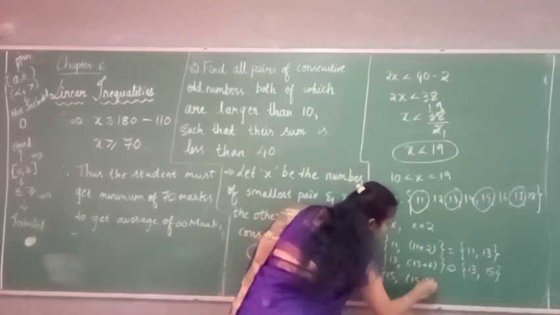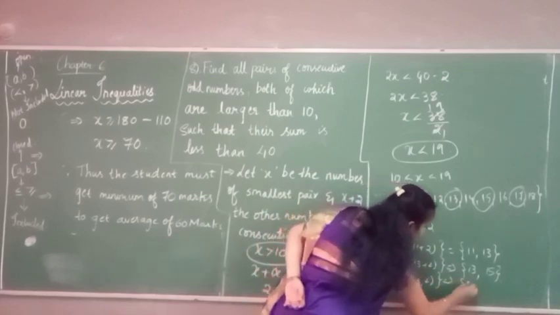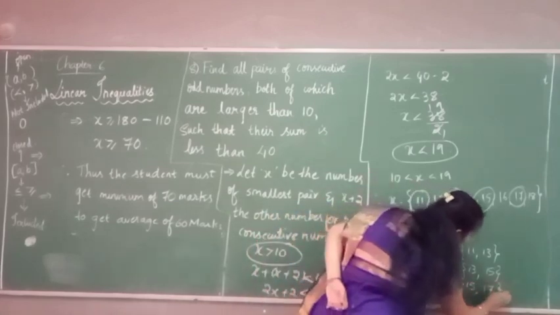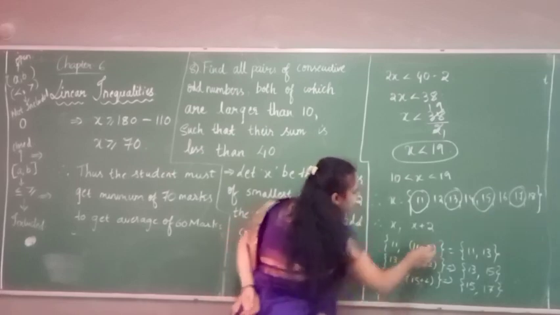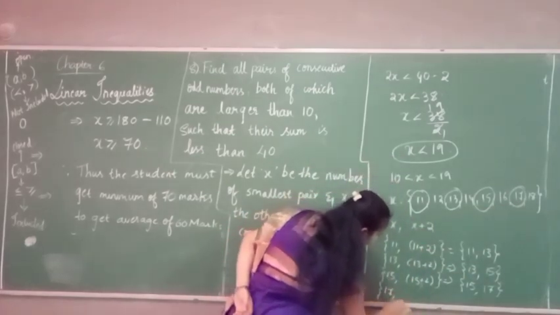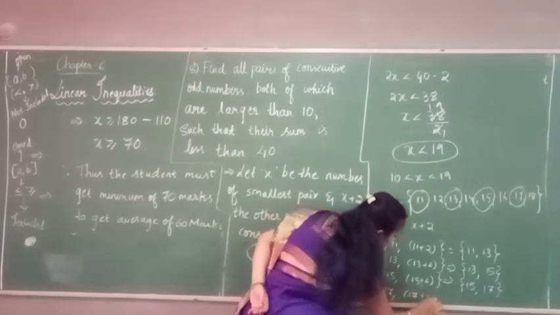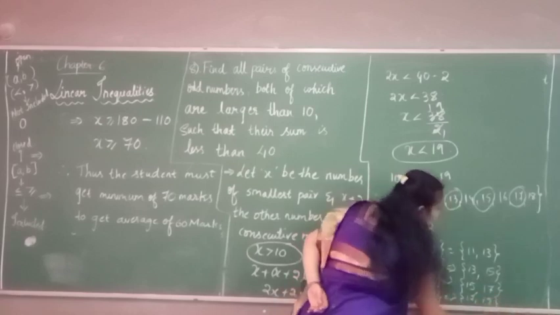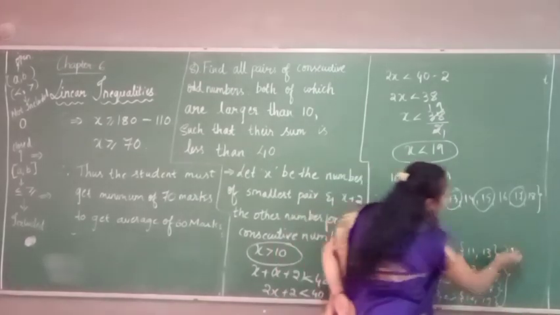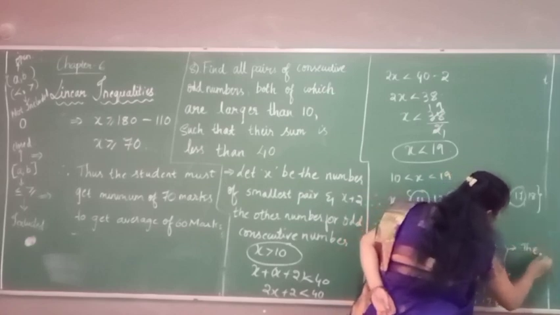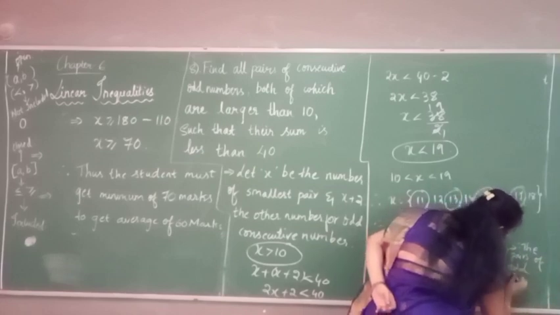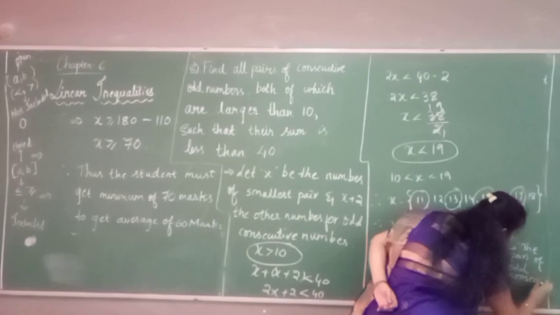So 15 plus 2, it will be 17. And the last one is 17 plus 2, which is nothing but 17, 19. So these are nothing but the pairs of odd consecutive numbers.